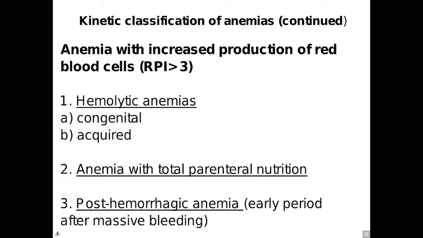If we do not see that, because it's not uncommon that even after a hemorrhagic process reticulocytes are not increased, we must think about bone marrow pathology in this case. Otherwise, some serious complications can be left undetected.